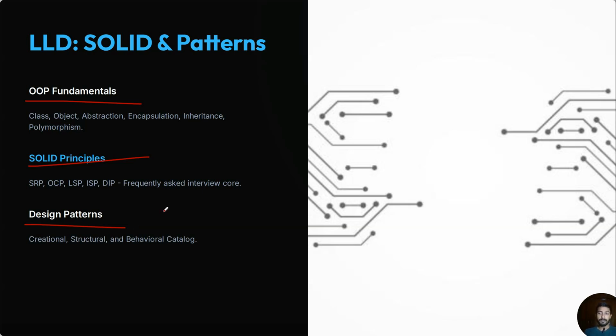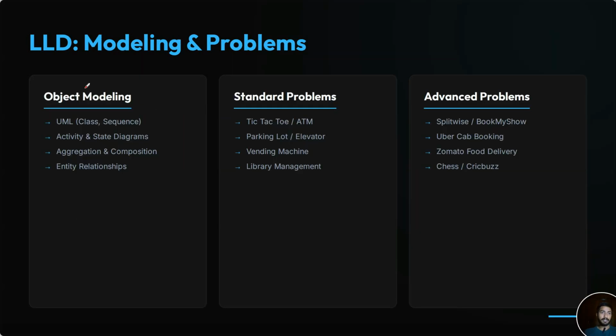Now moving further in the LLD, we'll cover UML diagrams, then activity and state diagrams, aggregation versus composition, and entity relationships, like how we can do database relationships at the entity level.